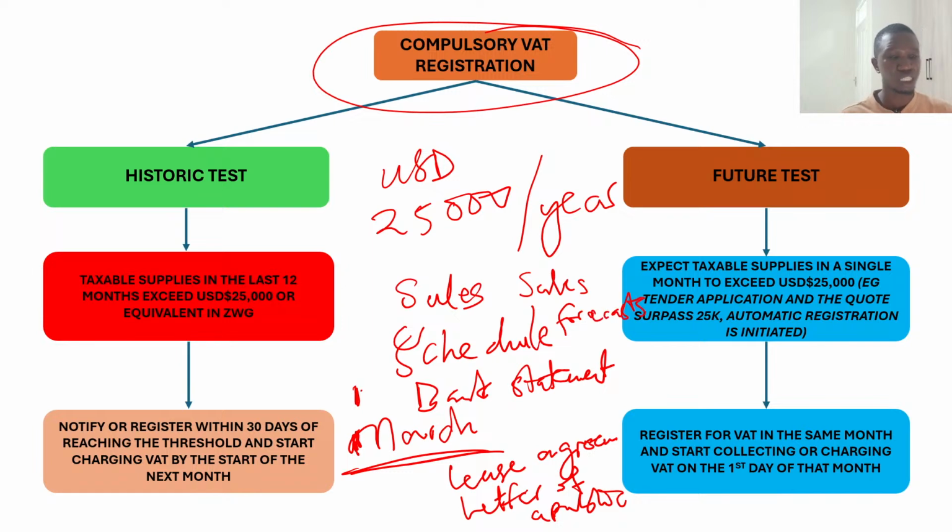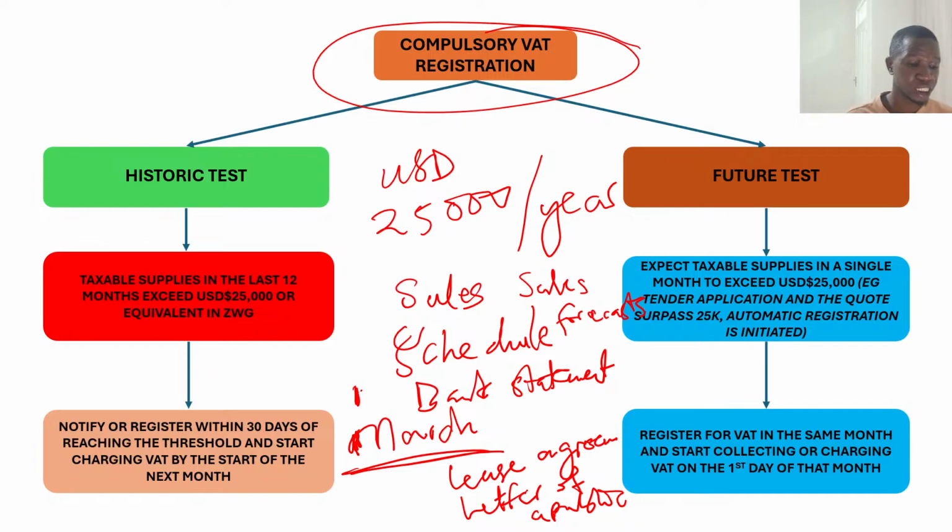If you have contracts with different companies, you are also required to send those as well. Again: bank statements, sales schedule, lease agreement, letter appointing public officer.